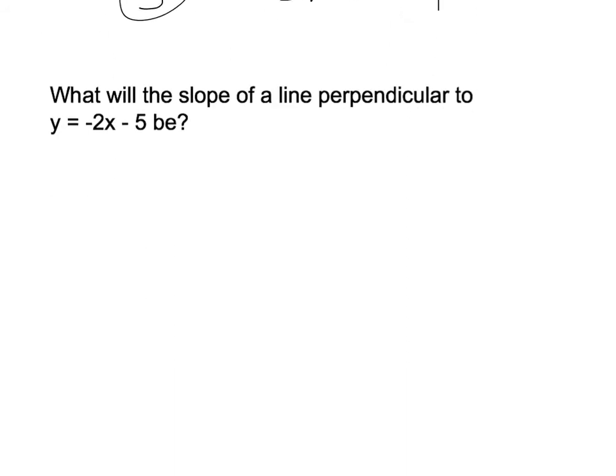Now down here, what will the slope of a line perpendicular to y equals negative 2x minus 5 be? Okay, well we know that lines that are perpendicular to each other have negative reciprocal slope. Okay, negative reciprocal slope. So what's the slope of this line? Well, it's negative 2, right?